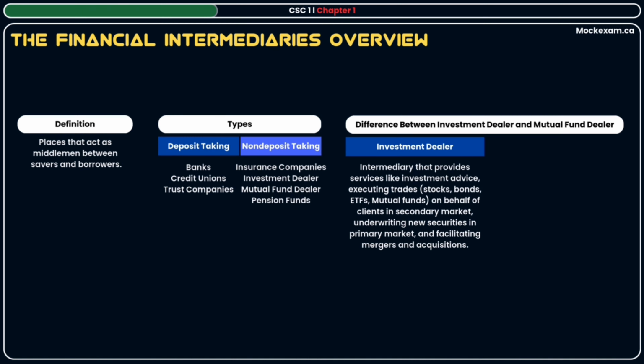We're going to talk about primary market underwriting in detail in future lectures, but these are the duties and responsibilities of investment dealers. In the real world, examples of investment dealers are JP Morgan Company, Wealth Simple, and Morgan Stanley. These are all investment dealers.